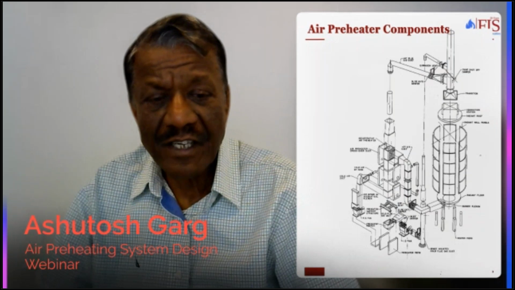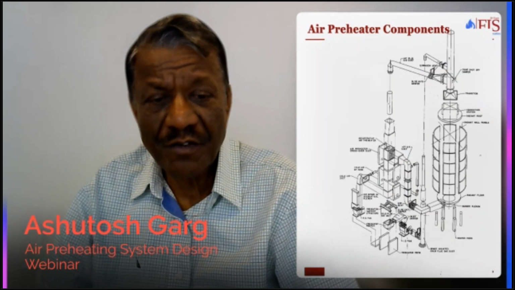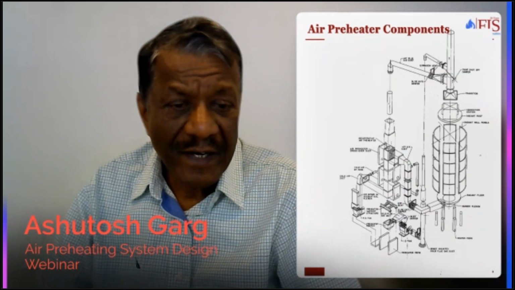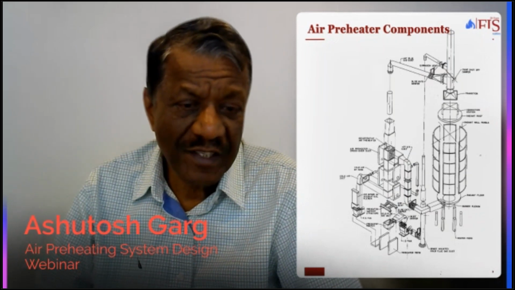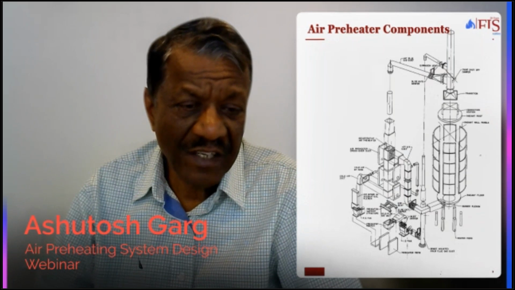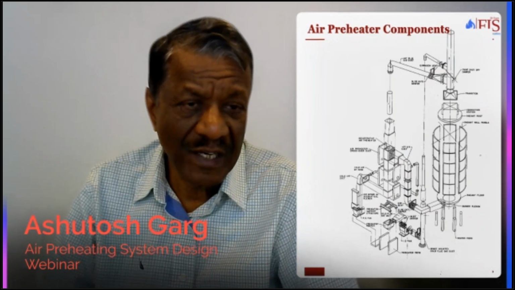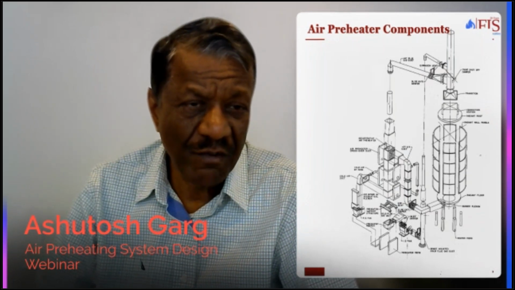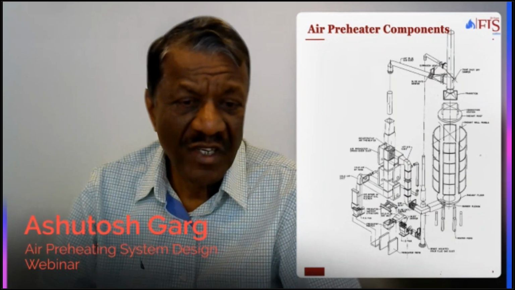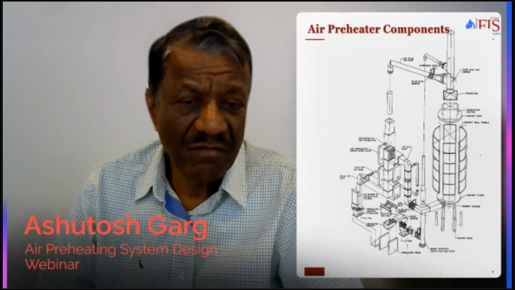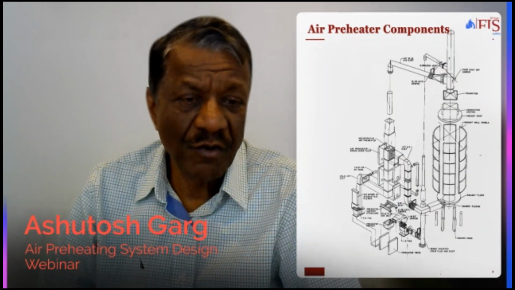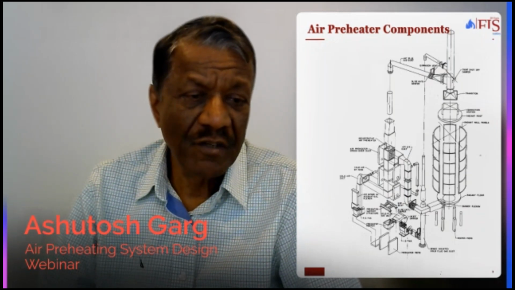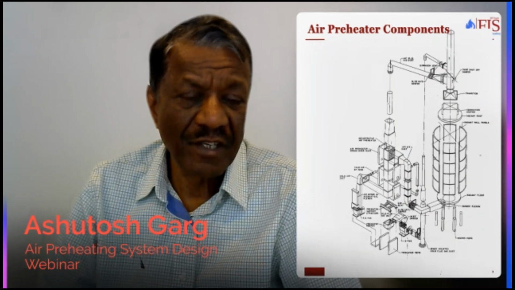Then we have the air preheater with the return ducts over here. And the flue gas goes into a hopper, cold flue gas. Then there's an ID fan. The ID fan discharges it, goes back to the cold duct and goes to the stack. This is the FD fan supplying the duct, supplying to the air preheater and going out. This is the vertical cylindrical heater we are showing over here.